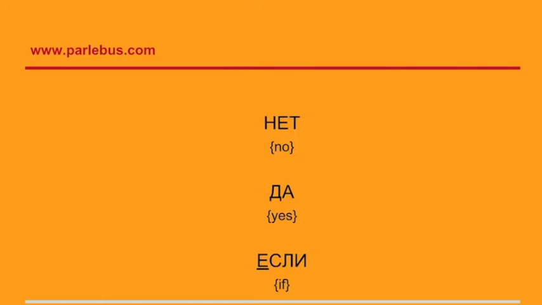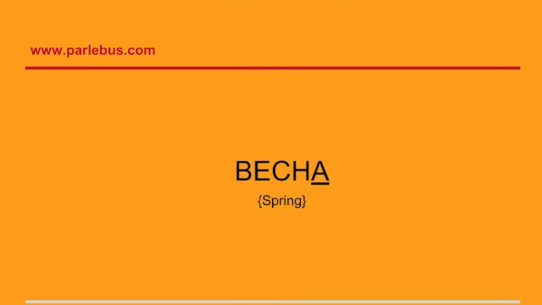So let's practice. How do you say no in Russian? Нет. How do you say yes? Да. How do you say if? Если. Весна means spring, is pronounced весна, but it is spelled весна.